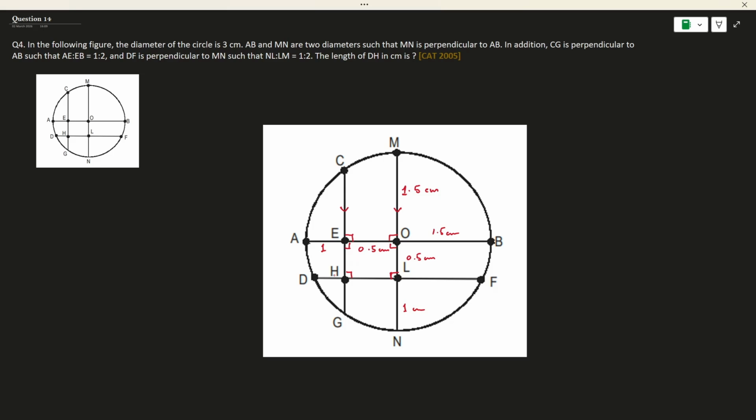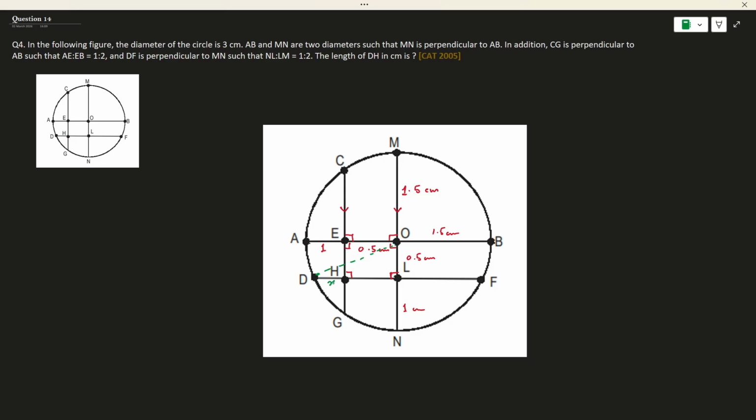So I have to find the length of DH. Okay guys, let's see how we can find the length of DH. It's simple guys, very simple. Let me join this point D and O. This is a right angle triangle.